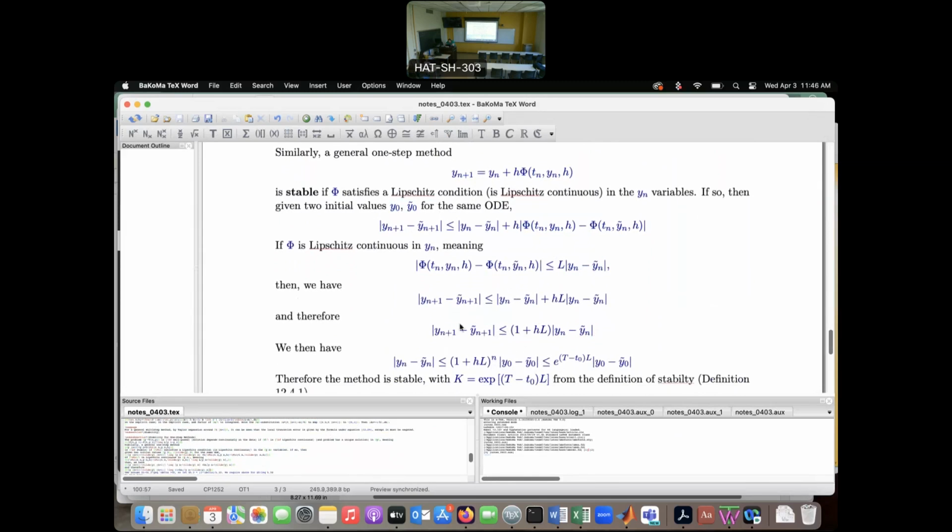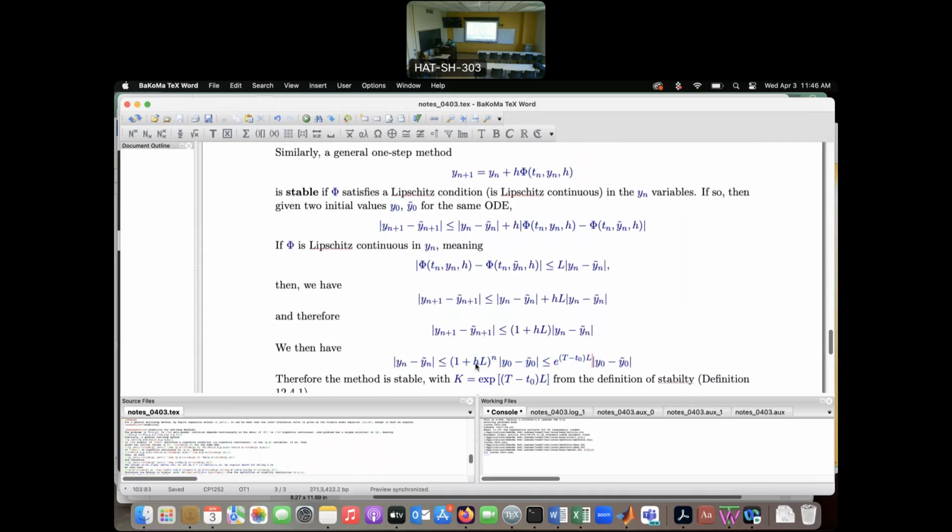So now I apply this repeatedly. Now the difference in computed solutions at time t_n is less than or equal to this factor times the difference in your initial values. But this right here is bounded by this exponential.